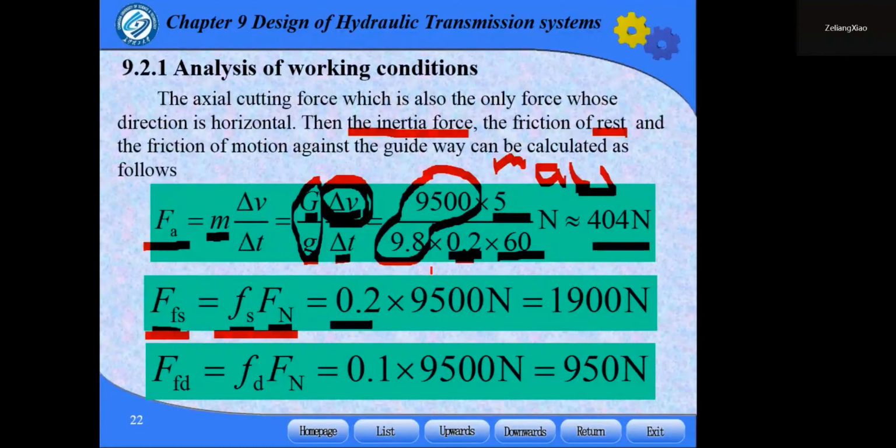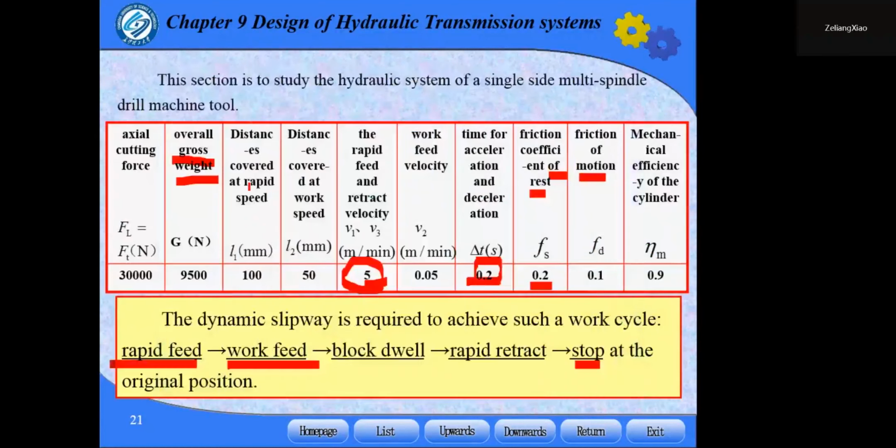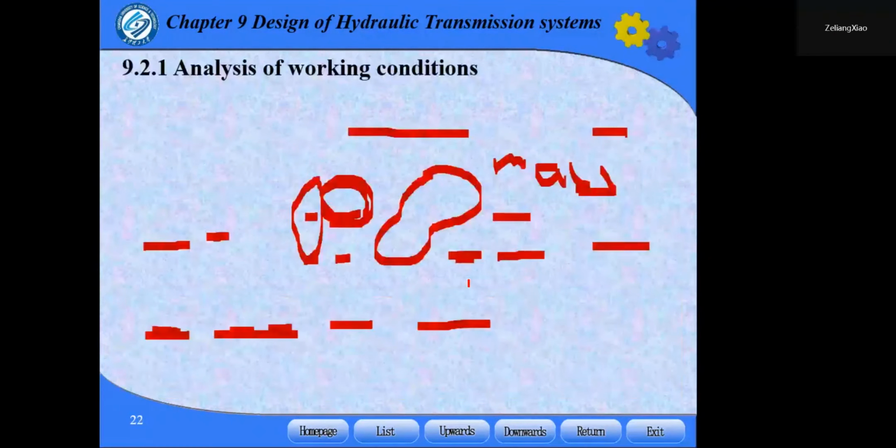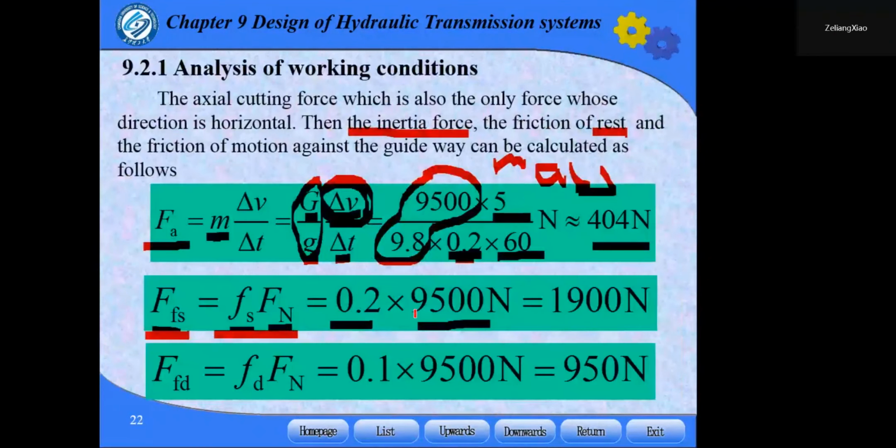The normal force is the gross weight, and the coefficient of rest is 0.2. So we can get the friction of rest.